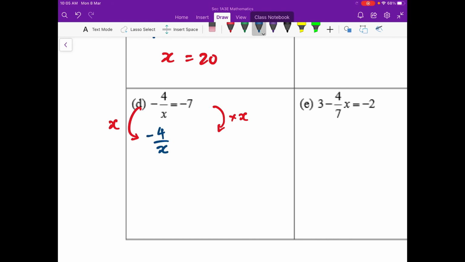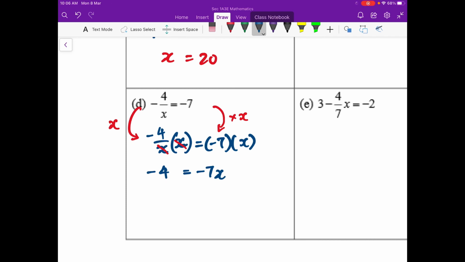Negative 4 over x, you multiply by x on the left hand side. On the right hand side, negative 7 times x. You should be happy to see this, because now you can cancel the x. Okay, so eventually you all will find ways to simplify your work, but you have to be careful of careless mistake. So now we end up with negative 4 equals to negative 7x. What should we do next? Get rid of the negative 7 over here.